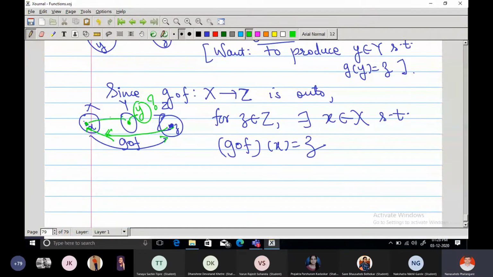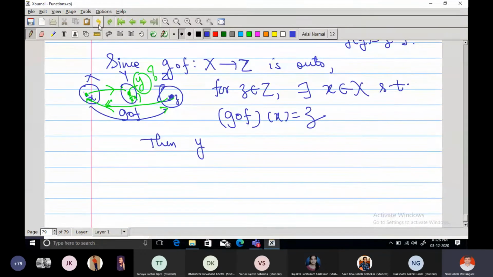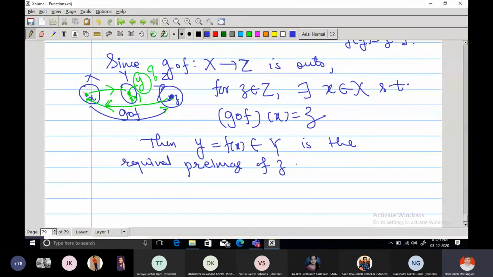Then y is equal to F of x. Is it in Y? Is it the required preimage of z in Y under G?